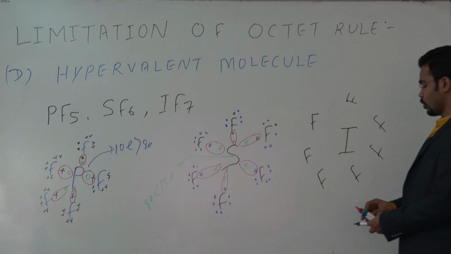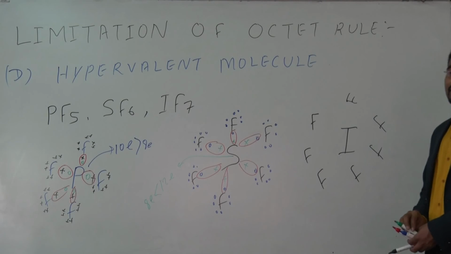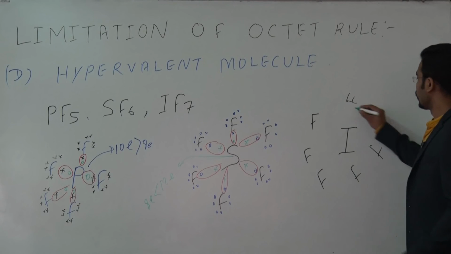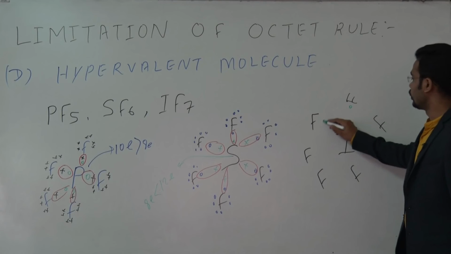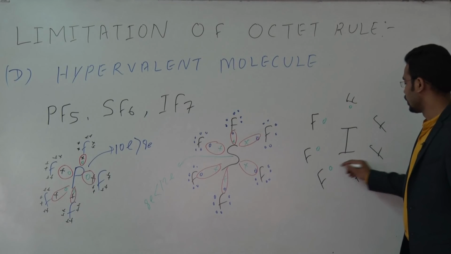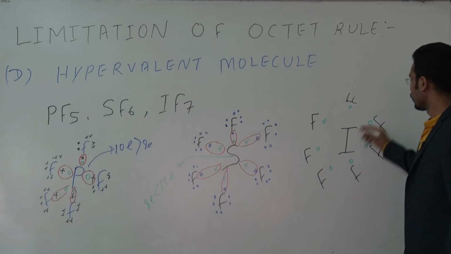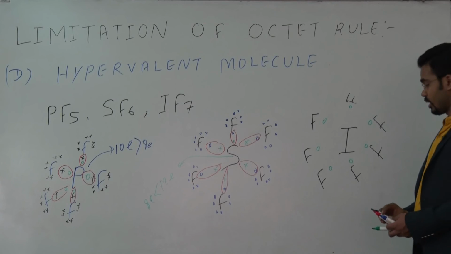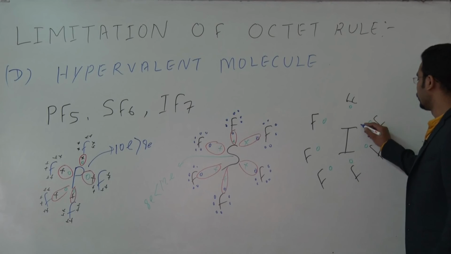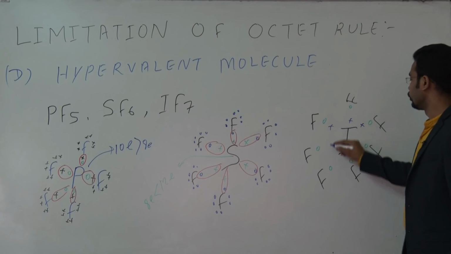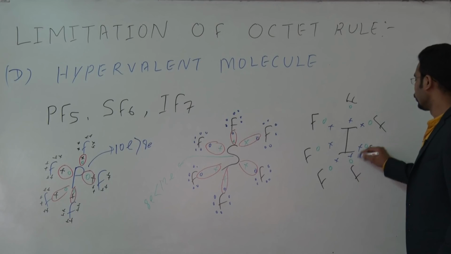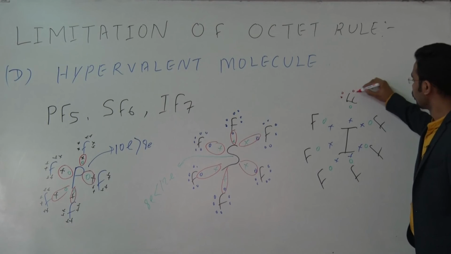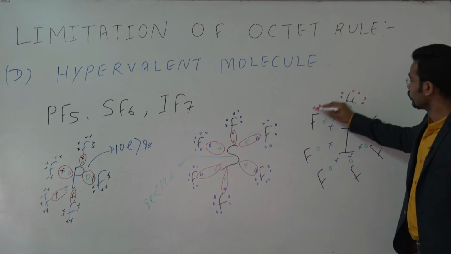Now, as you know, fluorine has 7 valence electrons, it will share only 1 electron to complete its octet. All the fluorine atoms, only 1 electron will be shared. And iodine has how many valence electrons? 7, and it also shares 1 electron each. So there will be 3 lone pairs on fluorine.